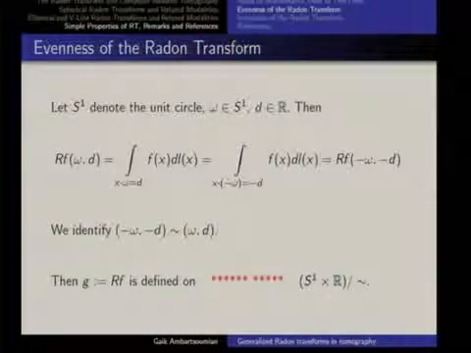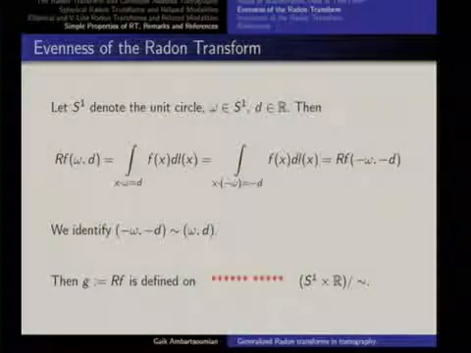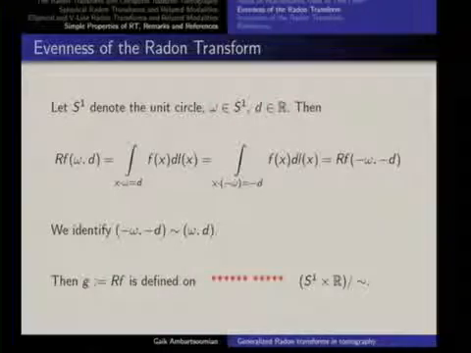And then we're integrating it along lines, and the lines are parameterized by the normal to the line, omega, and d is the distance, right? So Rf(omega, d) is the integral of the function defined in this unit disk along this line, and the same thing is written here.